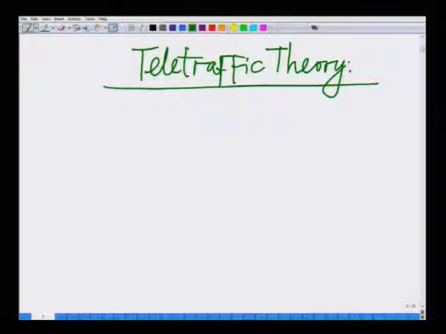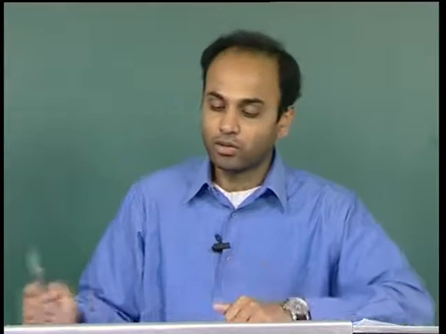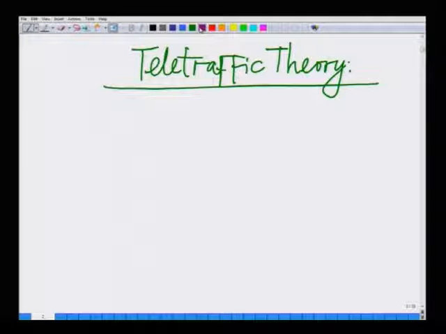So, the next topic that we want to talk about is teletraffic theory, where essentially we ask how cellular systems meet the demand for traffic that exists in a wireless cellular system. They employ the principle of trunking. So, in teletraffic theory, what we are going to talk about is the principle of trunking.